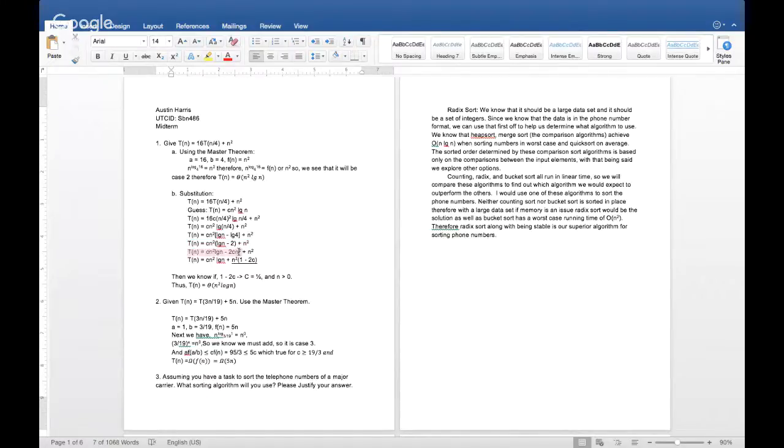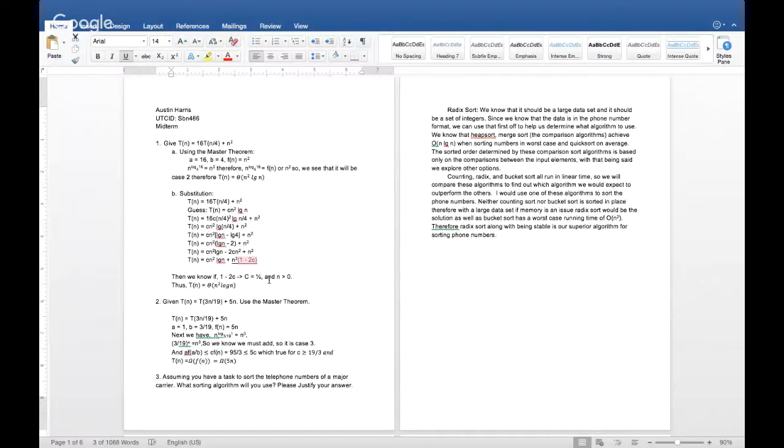Next we have T(n) equals cn squared log n minus 2cn squared plus n squared. Excuse me. Next, we have the final step, T(n) equals cn squared log n plus n squared, and then in parentheses, you see right here we have 1 minus 2c.